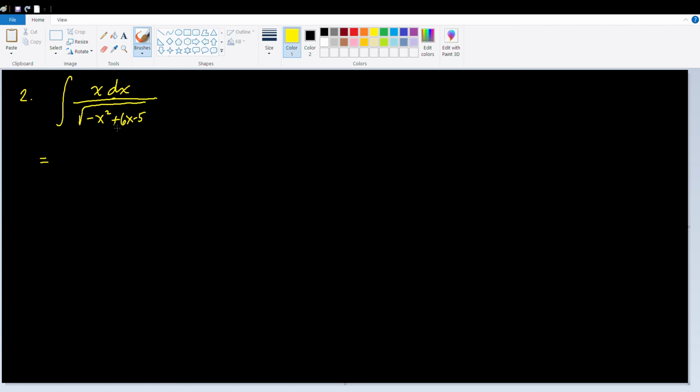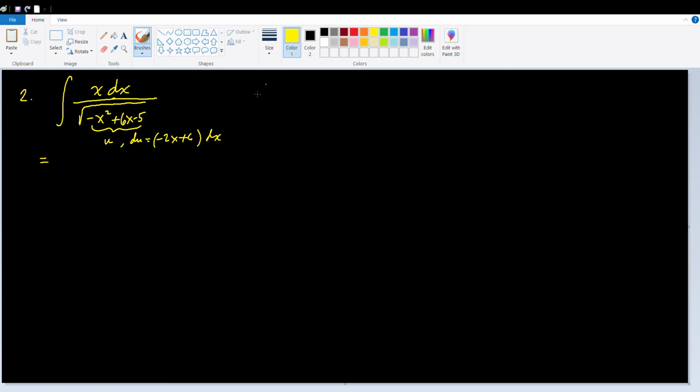So if we are to take the entire radicand as our u, du will be equal to negative 2x plus 6 quantity dx. Let us complete this differential du in the numerator.